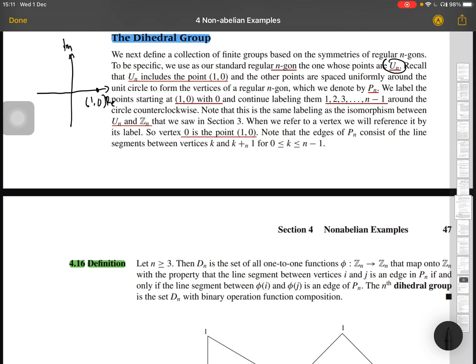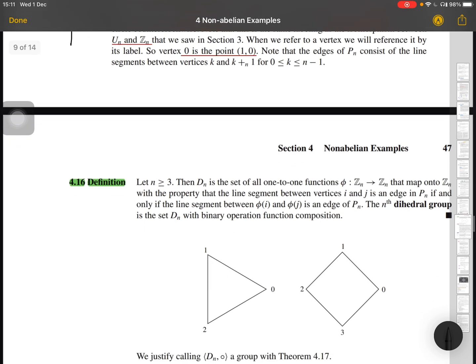And then we refer to a vertex by its label. So vertex 0 is the point (1, 0), and so on. For example, for this triangle, you can imagine the center as the center of your axes, so this is your point (1, 0).